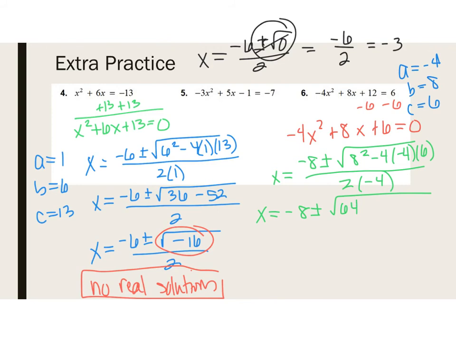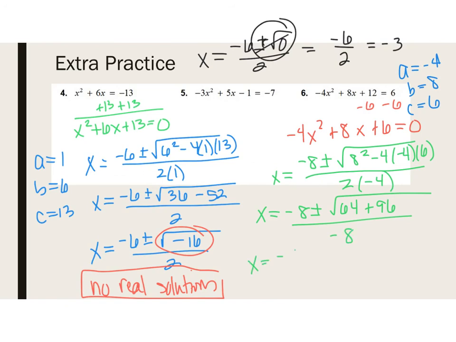And then negative 4 times negative 4 is 16. 16 times 6. So 16 times 6 is 96. So that's a positive 96 because you multiplied the two negatives together, over negative 8.